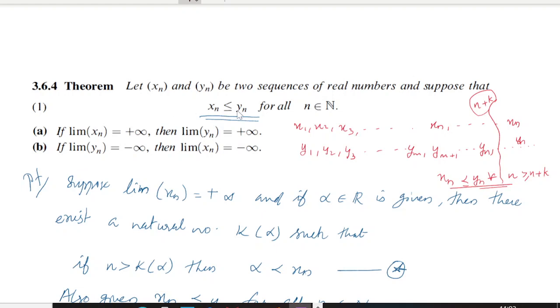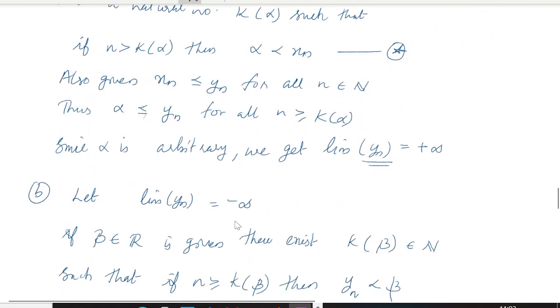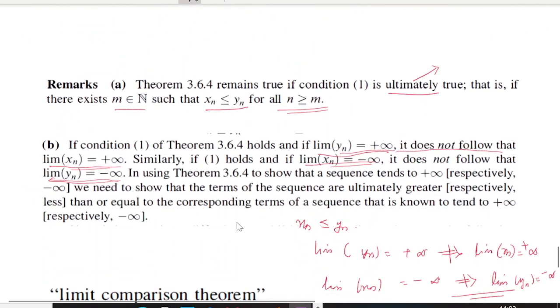That is, whenever xn less than or equal to yn and limit of xn equal to positive infinity, then limit of yn is positive infinity, but limit of yn equal to positive infinity does not imply limit of xn equal to positive infinity. In the same way, if xn less than or equal to yn for all n, then limit of xn equal to minus infinity cannot guarantee that limit of yn equal to minus infinity. That is the remark B.